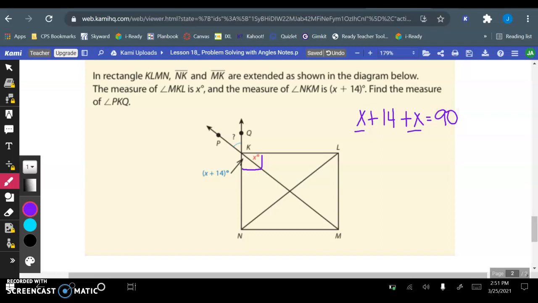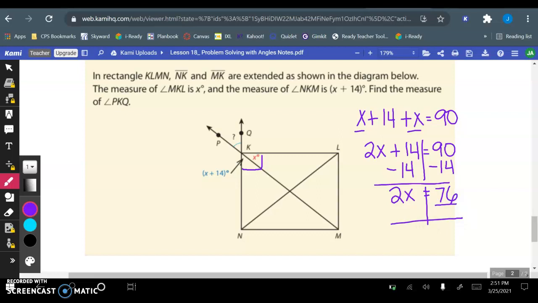Combine like terms: x plus x is 2x, plus 14 equals 90. We're going to have to subtract 14, so we have 2x equals 76. Then we divide by 2, and that is 38. So x is 38.